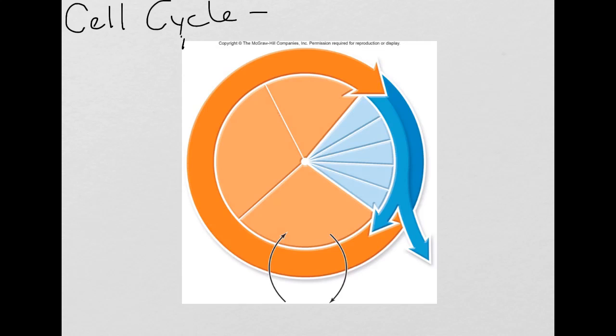Shown in blue here is mitosis. Okay. And shown in orange is interphase. So this whole area here is interphase.